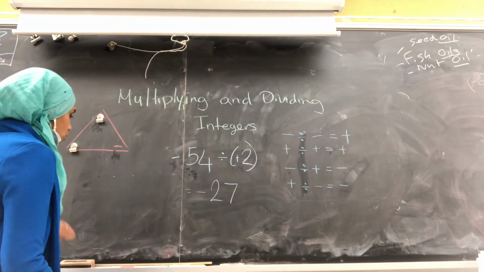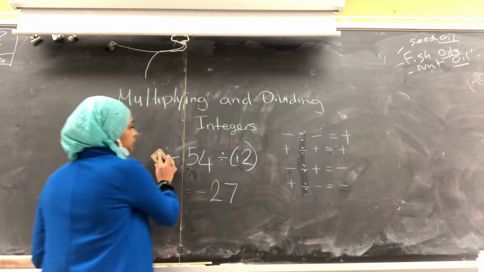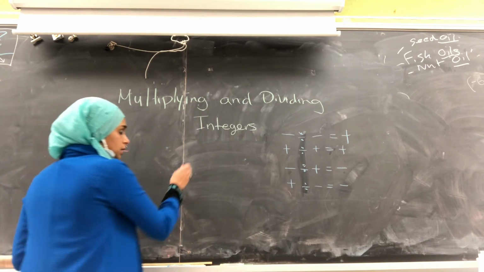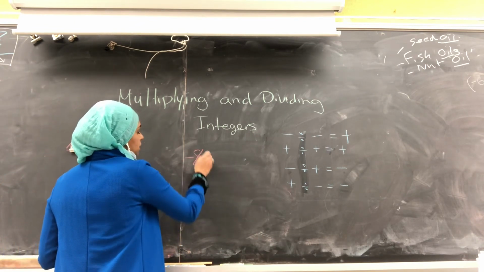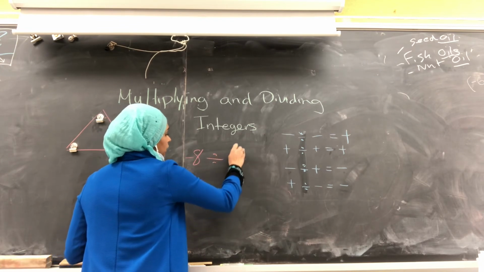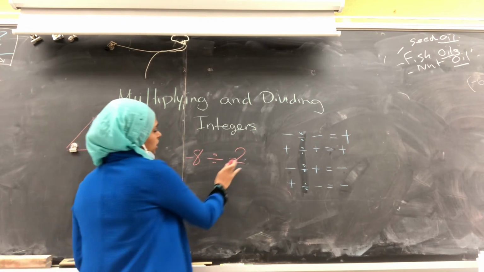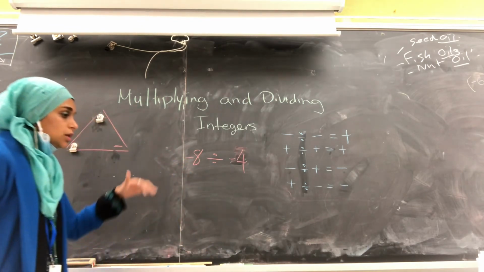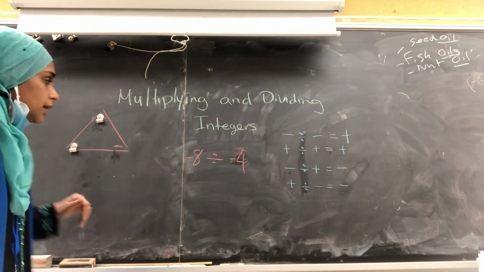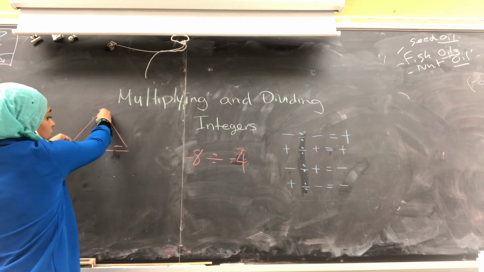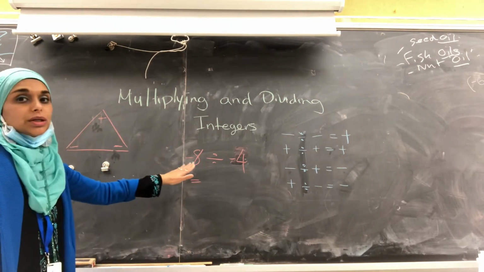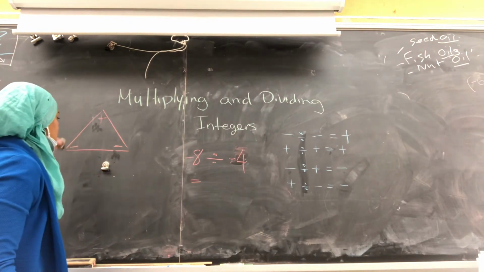Okay, so I'm going to show you one more example. And now let's say I have a negative 8 divided by a negative 2. Oh, it's actually a negative 4. We just did 2 in the previous question. So a negative 4. And again, if I'm using my triangle, I look at my triangle and I say my first integer is a negative integer, so I'm going to cover up that negative sign.